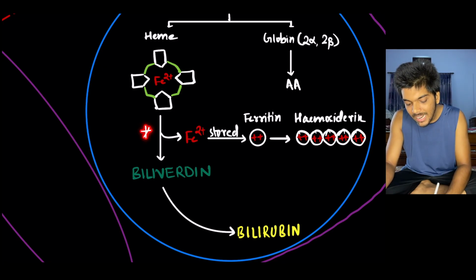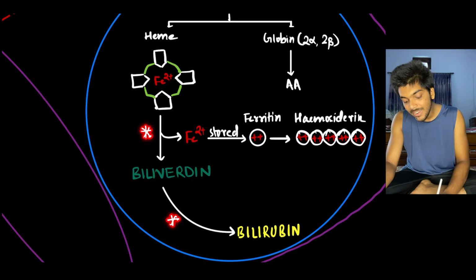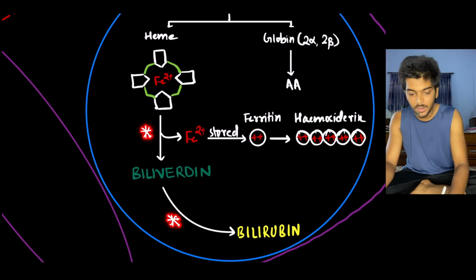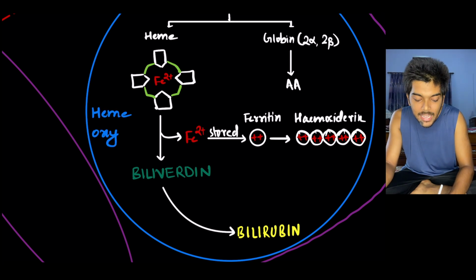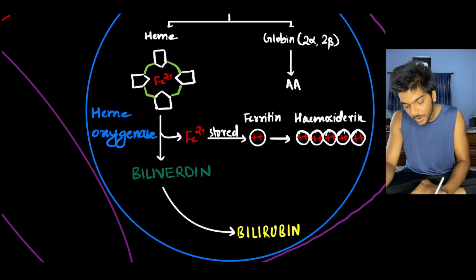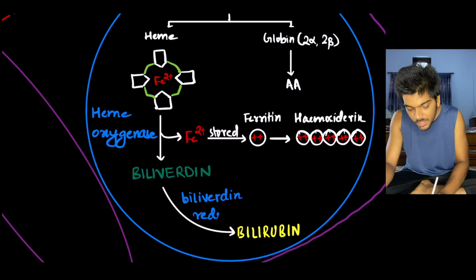Number one, for the degradation of the porphyrin ring into biliverdin, and number two, for the reduction of biliverdin to bilirubin. So the first enzyme which degrades the ring of the heme is heme oxygenase, and the second enzyme which reduces biliverdin is biliverdin reductase.